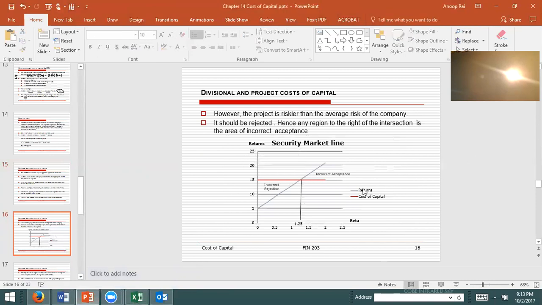So what will happen is that we might accept the project, but the problem is the project might be, so let me just do this example. Right there, where it's 16%.